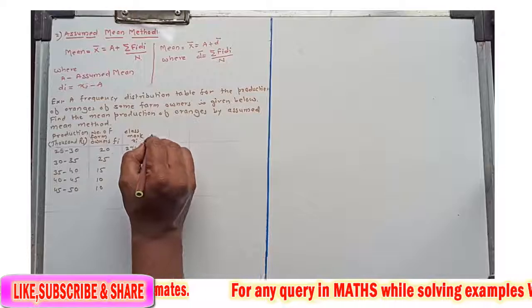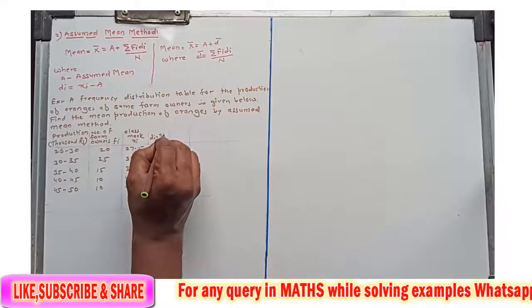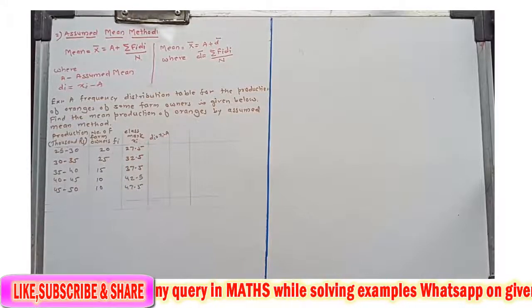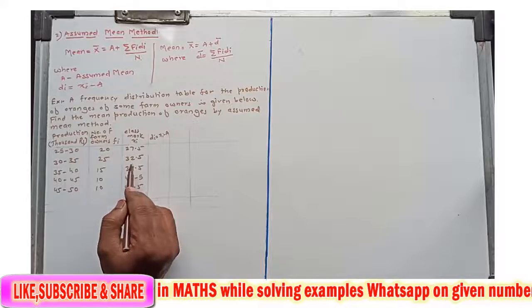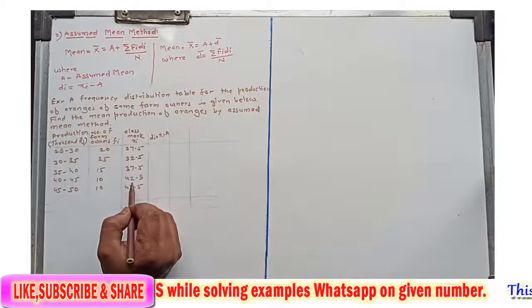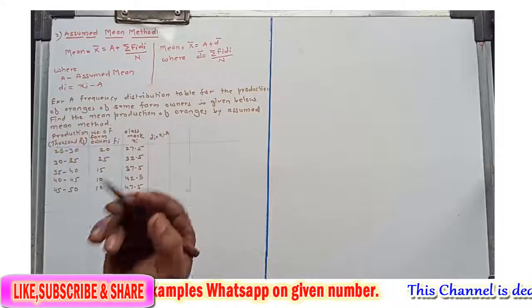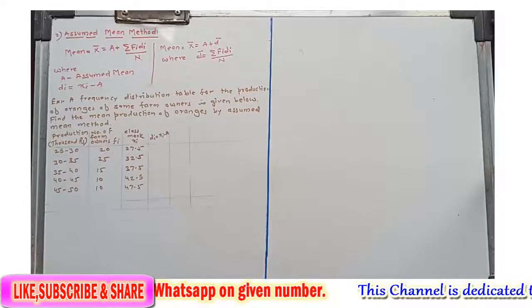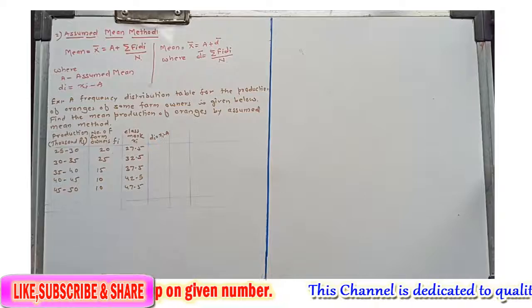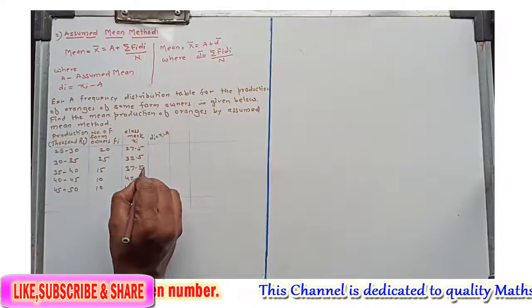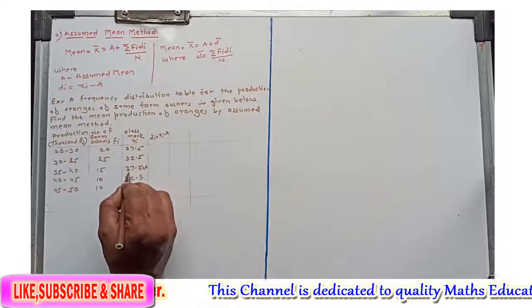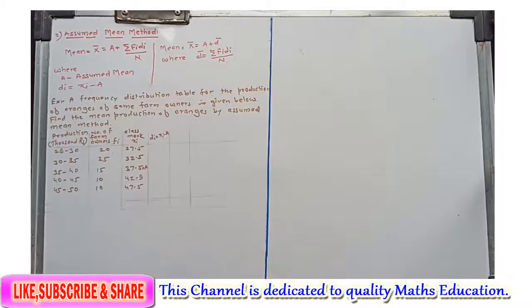Now after that, find di is equal to xi minus a. Out of these values 27.5, 32.5, 37.5, 42.5 and 47.5, out of these 5 values, consider any one value as a value for a. Any one value you can take. Generally we consider the middle value, so we take 37.5 as the value for a.